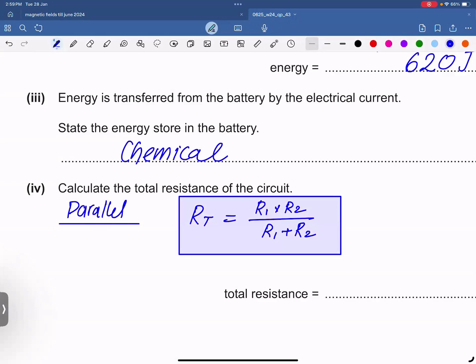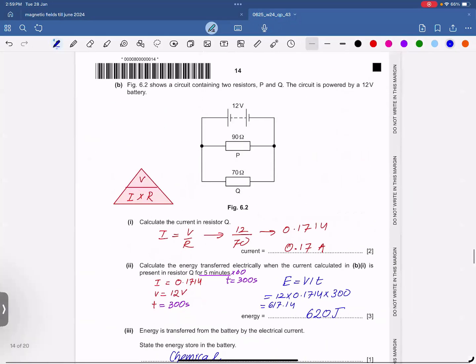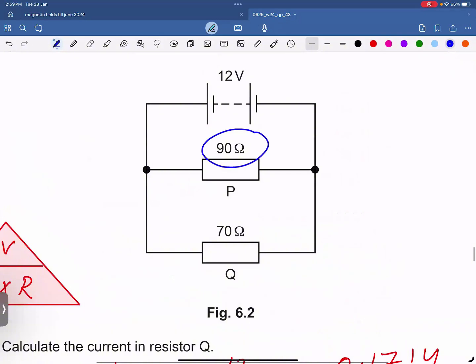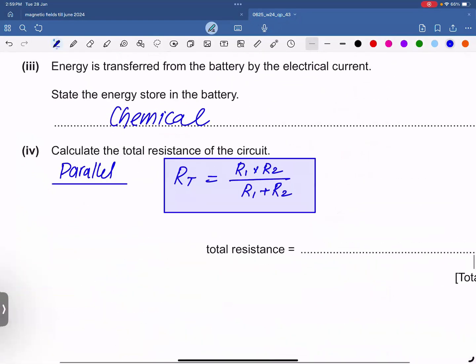So now you have to substitute the values from there. One of them is 90 and the other is 70. All you have to do is plug in the values, 90 and 70.